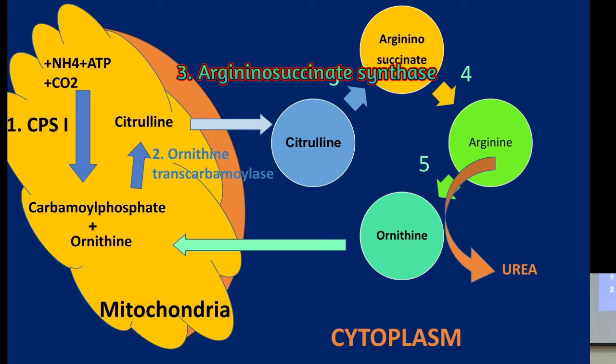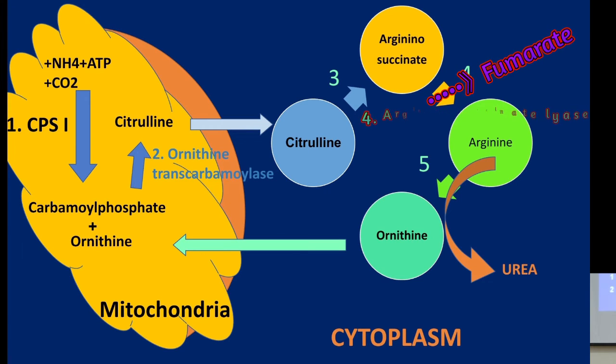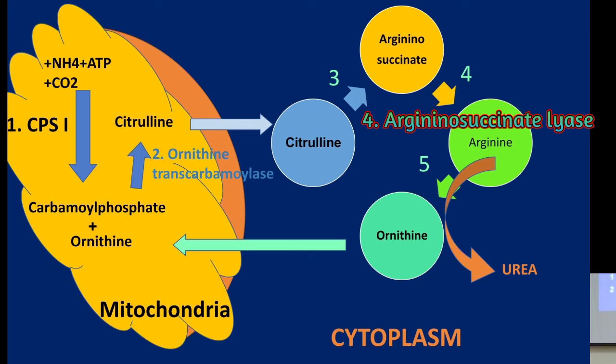Argininosuccinate is broken down to arginine by argininosuccinate lyase, releasing the carbon skeleton, fumarate. This is just to tell you that the fumarate is recycled. Don't worry about all the details here, but it's recycled. It's not wasted. It's used to make malate or oxaloacetate and so on.